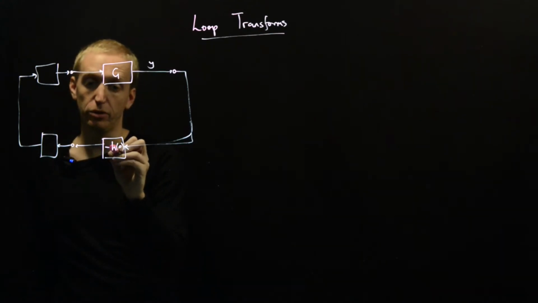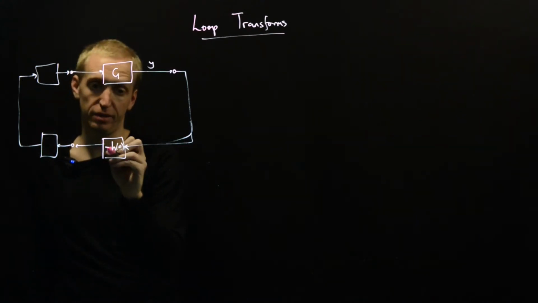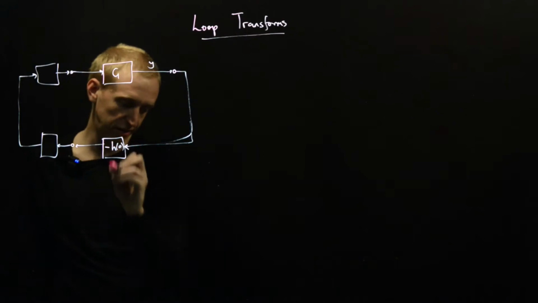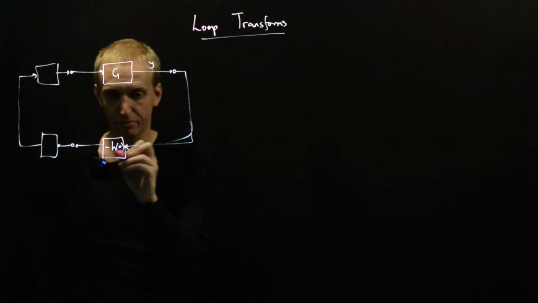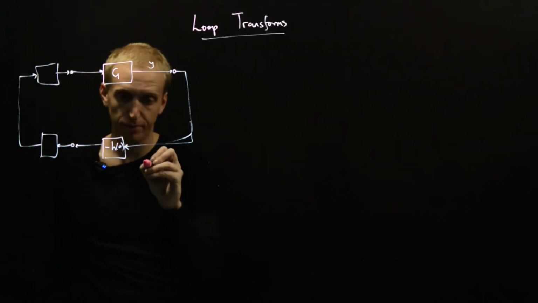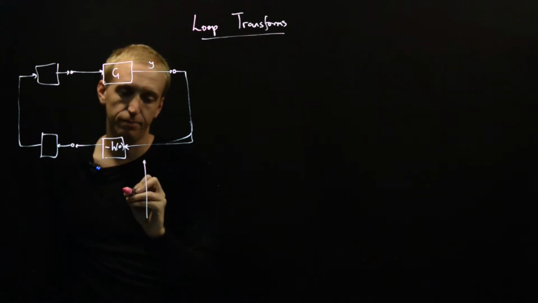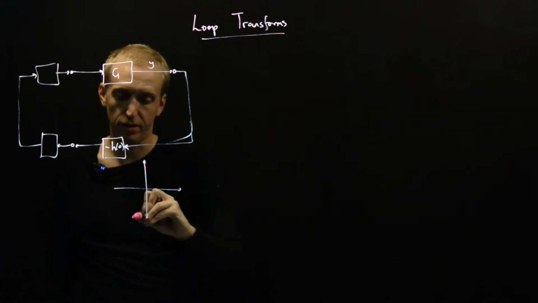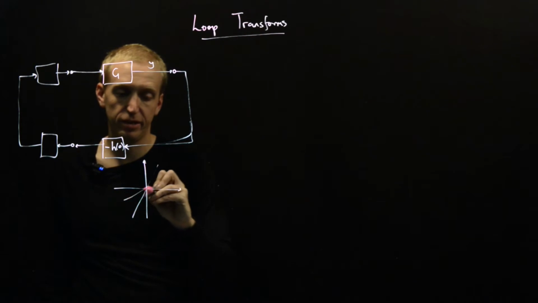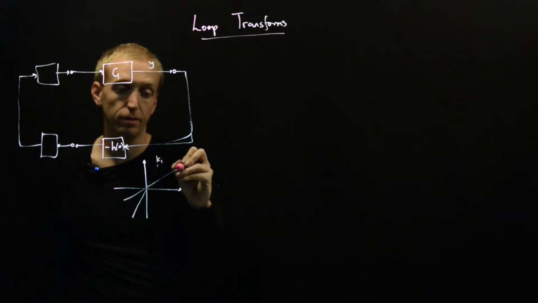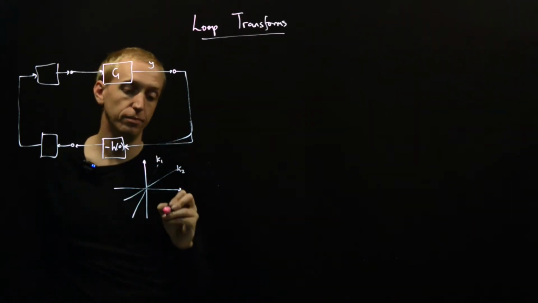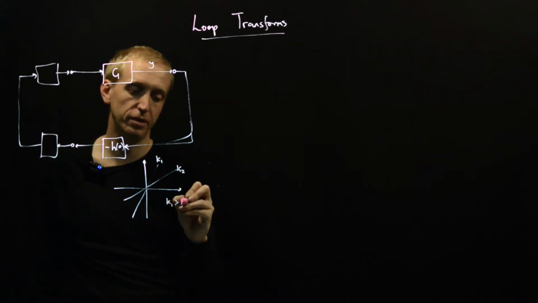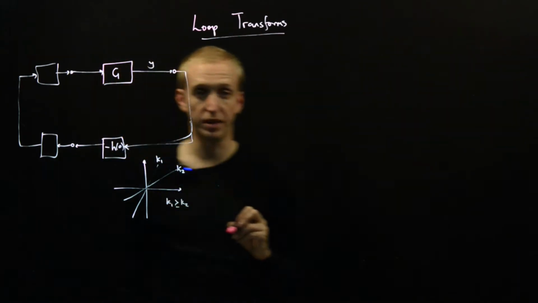And before we looked at negative feedback conventions, I'm now just going to dump the negative feedback as a minus sign inside this H. And so we have our H is sector-bounded with slopes K1 and K2. And for us, K1 is going to be bigger than or equal to K2.